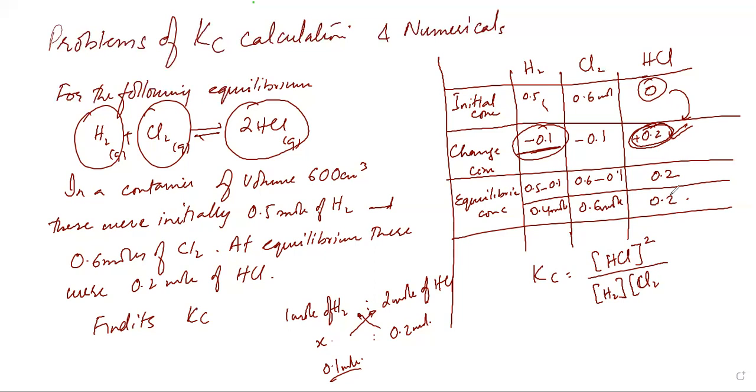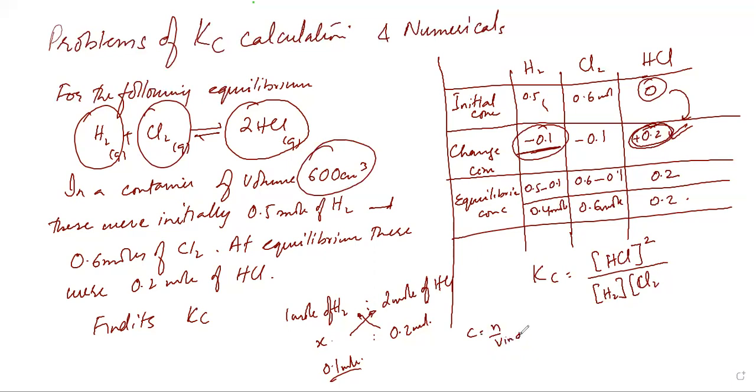So for concentration, I have a formula. C is equal to n over V, moles over volume of the vessel. What was the volume of vessel?